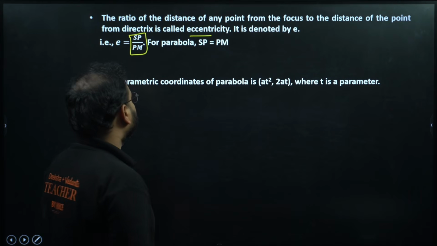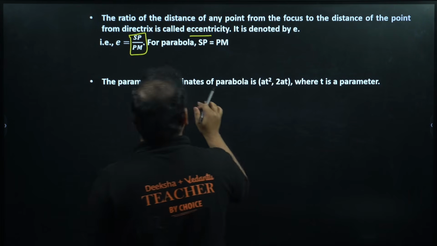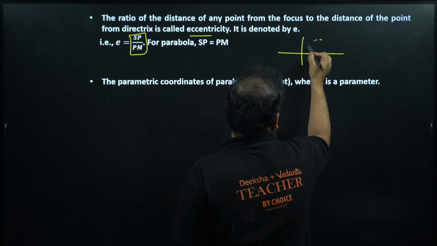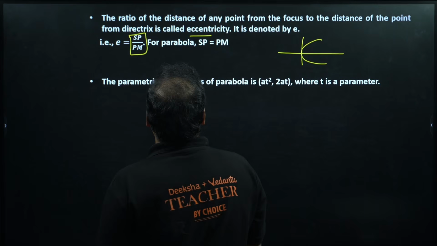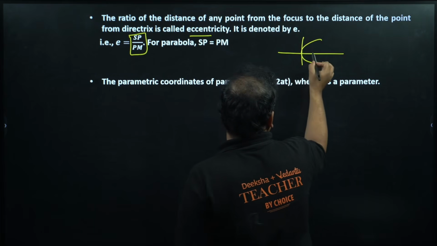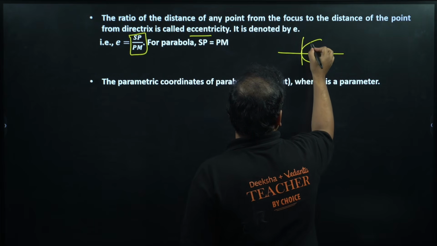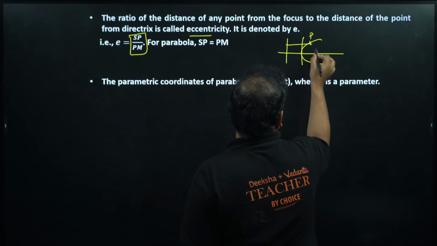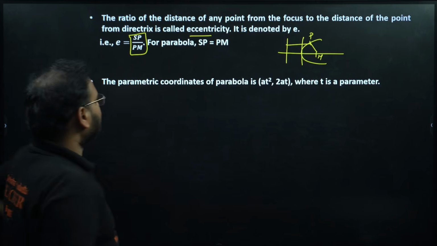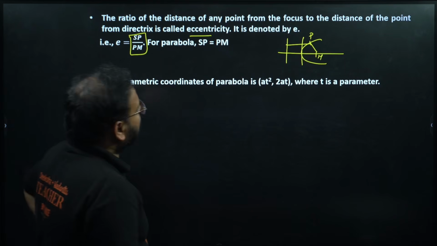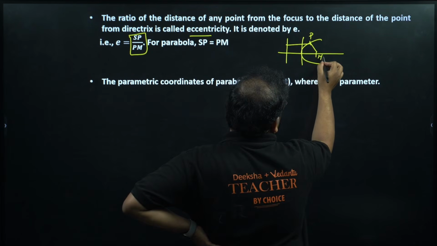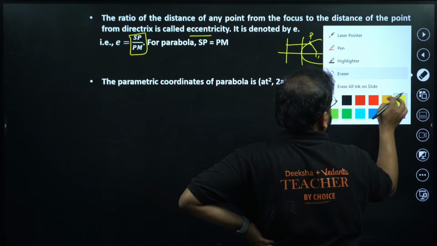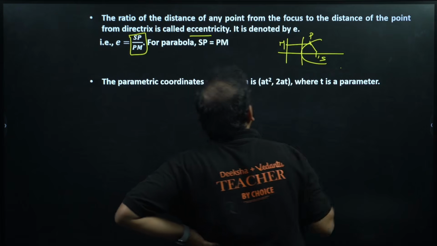If you draw the parabola again, this is P, this is M, and this will be S over here. One second, I forgot to write the coordinates. This will be S over here and M over here, SP by PM.